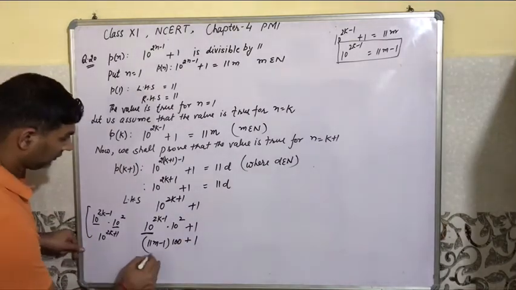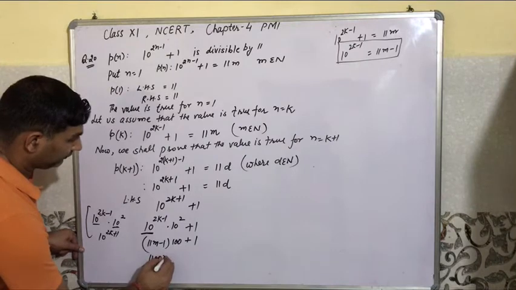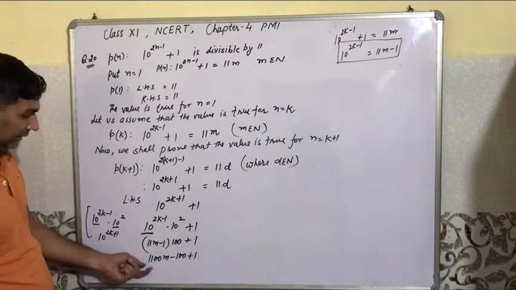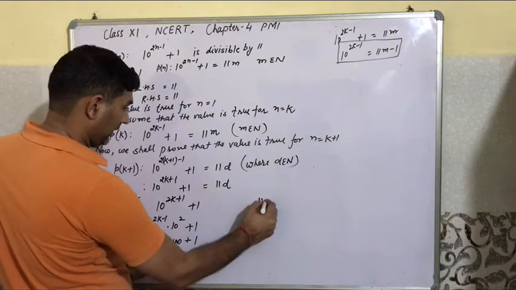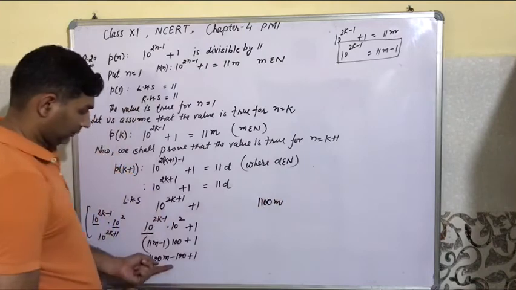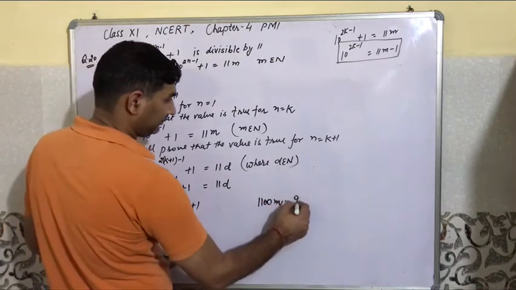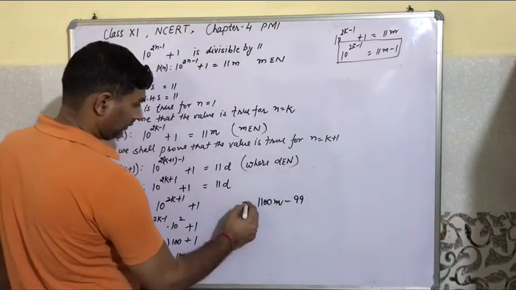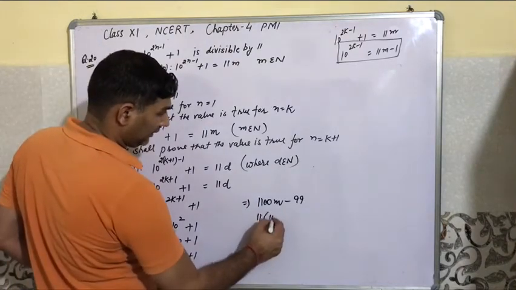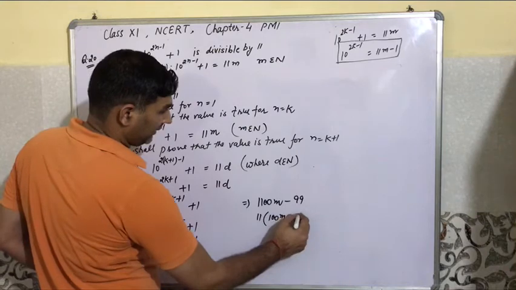Then 1100m minus 100 plus 1, that is 1100m minus 99. That implies 11 is common, then 100m minus 9.